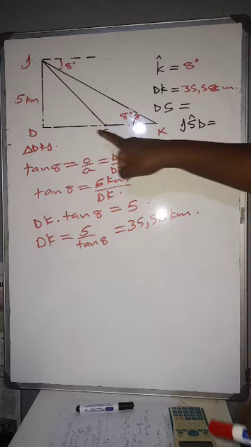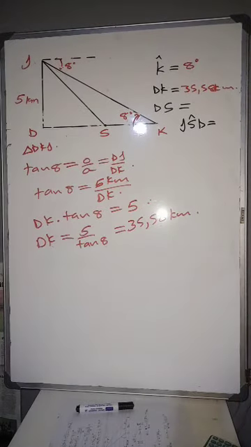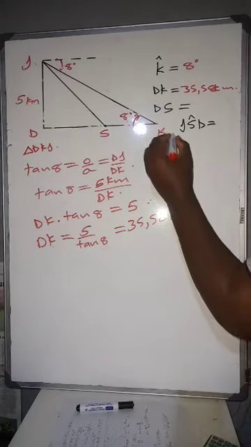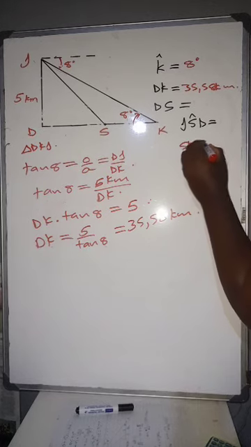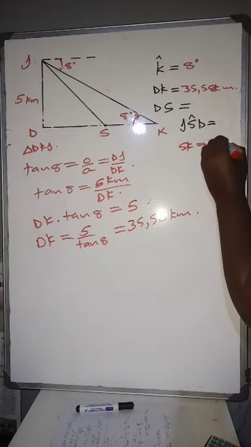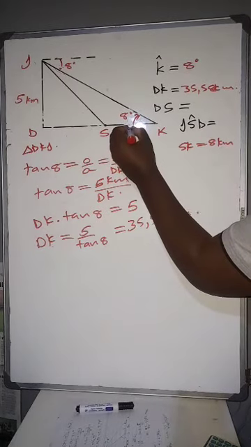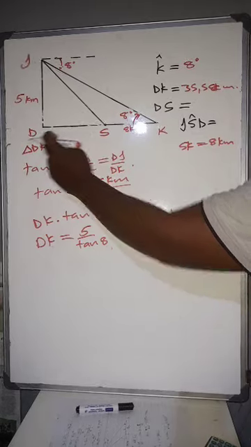Now we want DS. How long is DS? It is given that SK is equal to 8 kilometers, right? If we are told that SK is 8 kilometers, how big is DS?